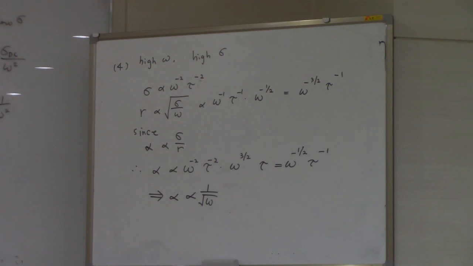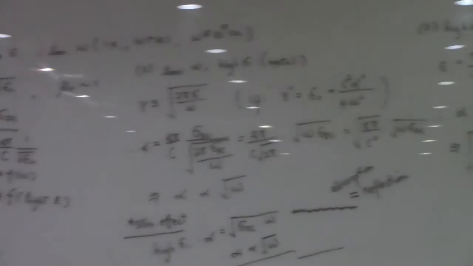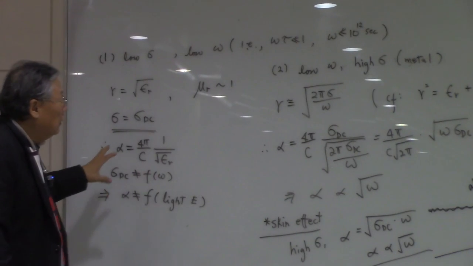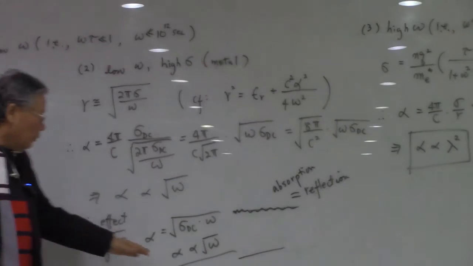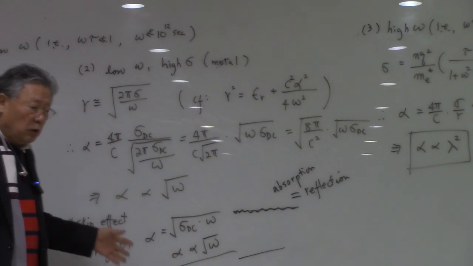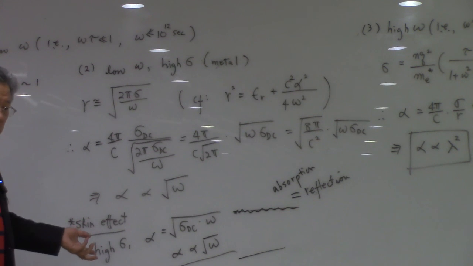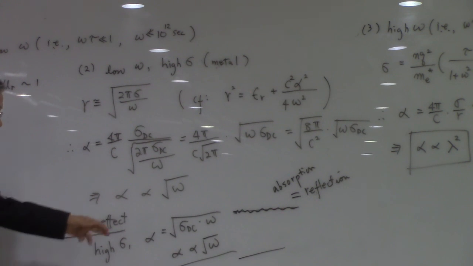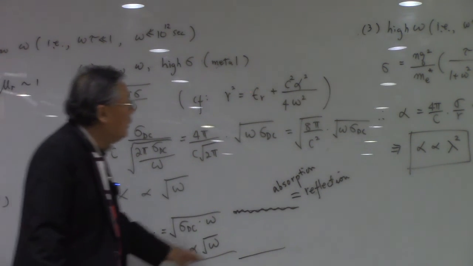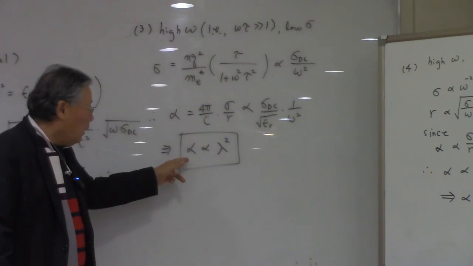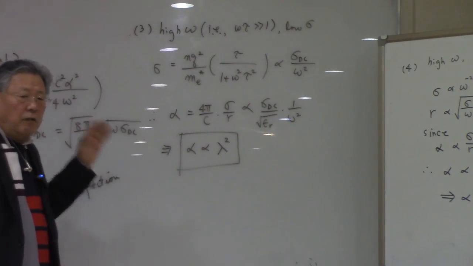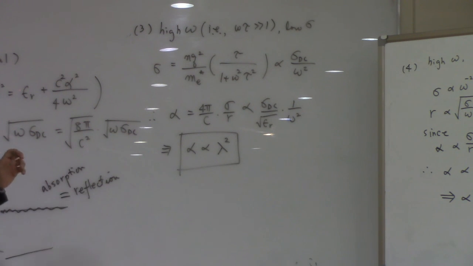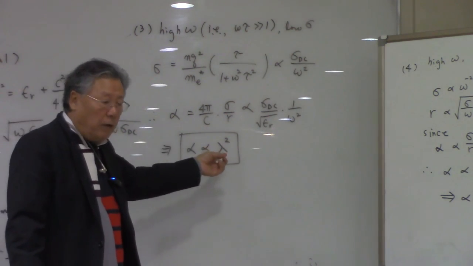So we have seen 4 different cases. The first case, light absorption constant is not depending on the light energies. In the second case, the absorption constant is proportional to the square root of light energies. In the third case, the absorption constant is inversely proportional to the light energy's second power.